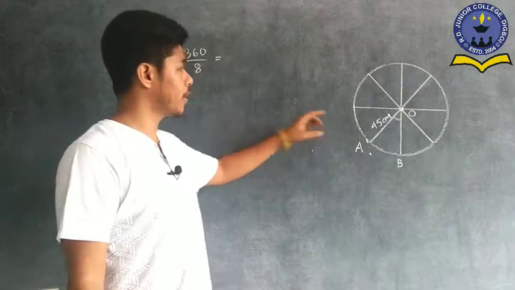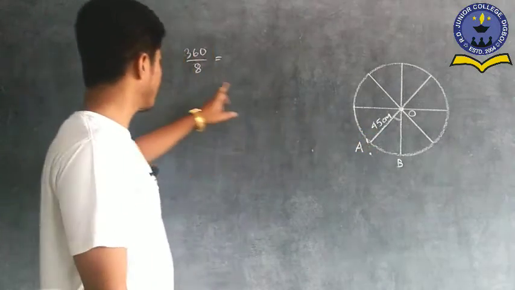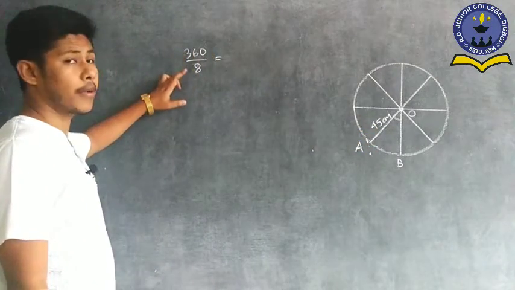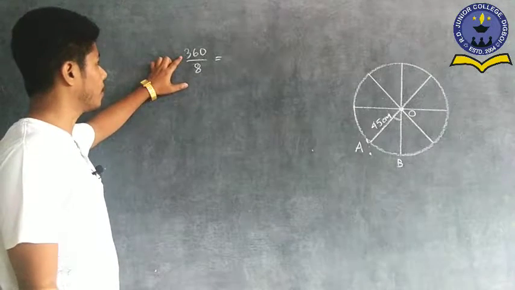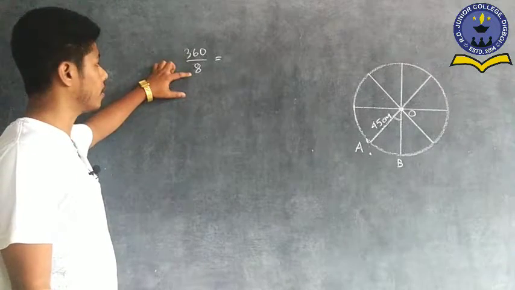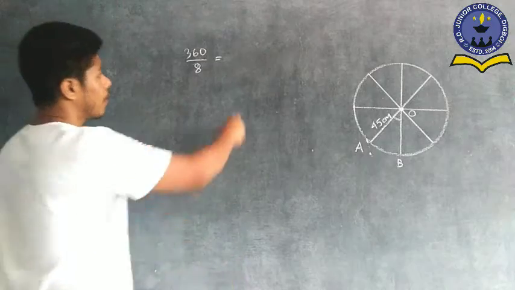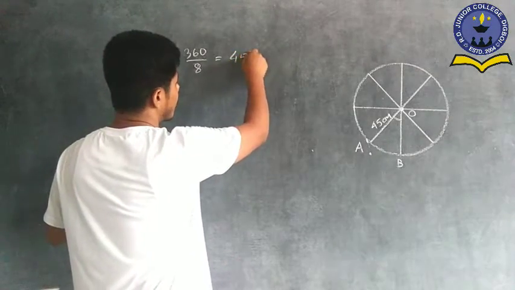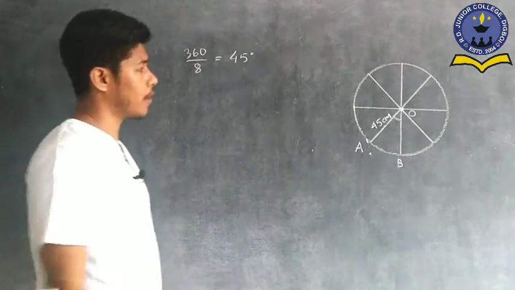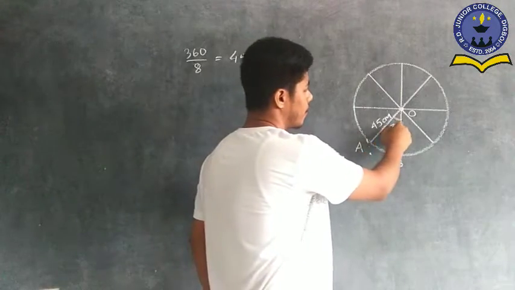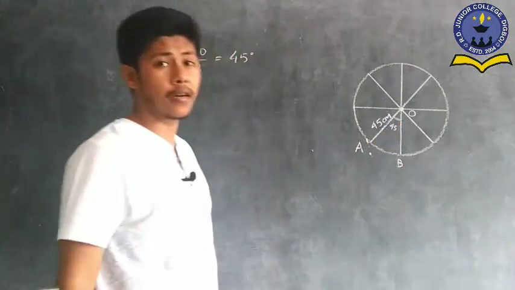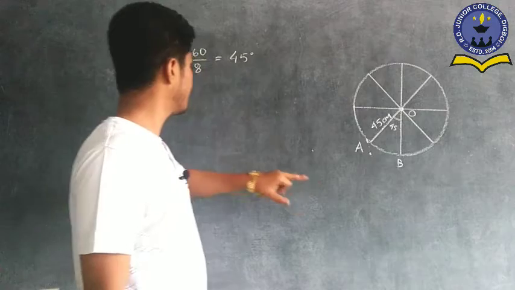So we write 360 by 8: total complete revolution equal to 360 and 8 equal parts. If you divide this, what we get is 45 degrees. So one equal part is equal to how much? 45 degrees. Is it clear?